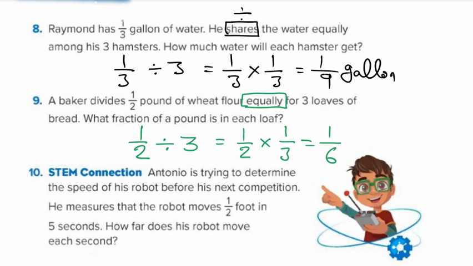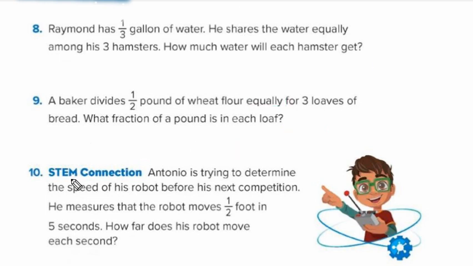Now question number 10. You try by yourself. Question number 10 says: Antonio is trying to determine the speed of his robot before his next competition. He measures that the robot moves 1 over 2 foot, half foot. This number is important. In 5 seconds.